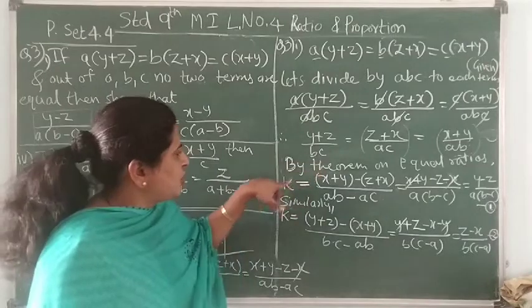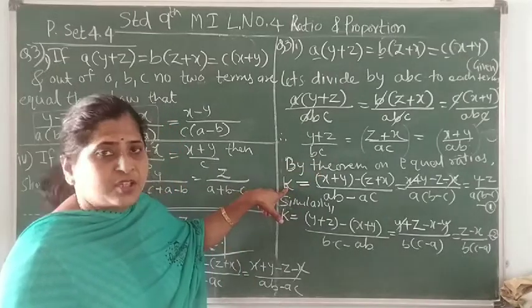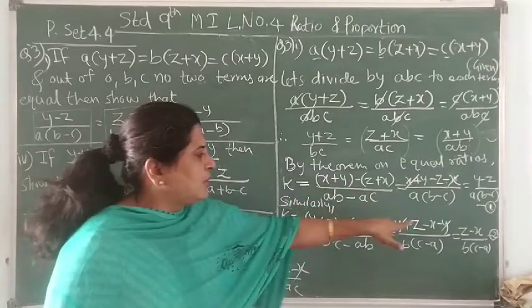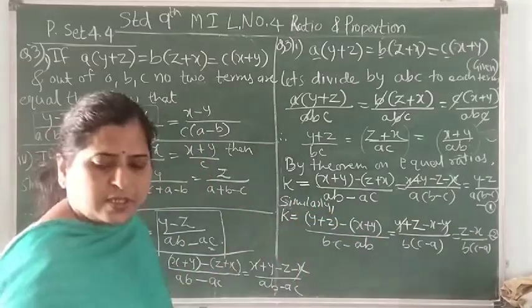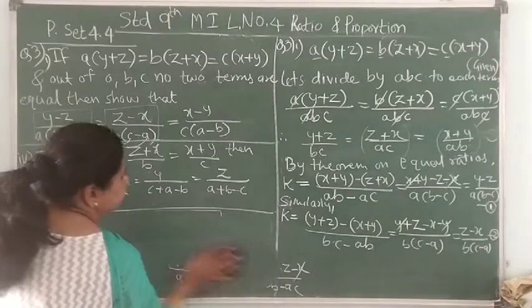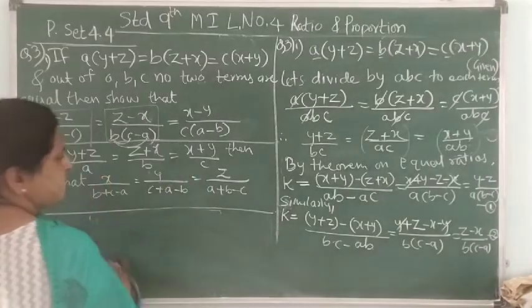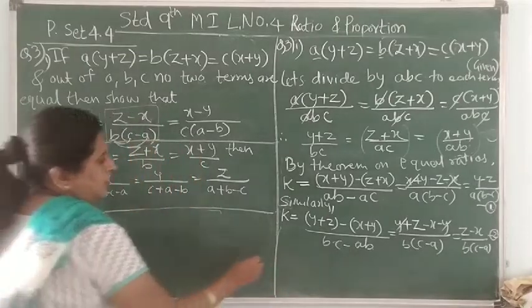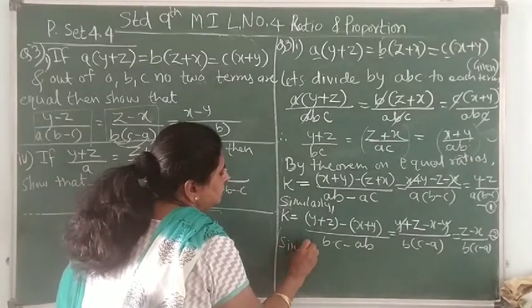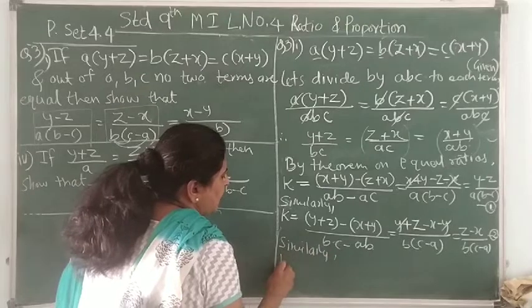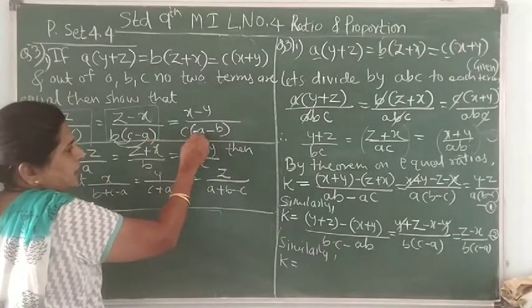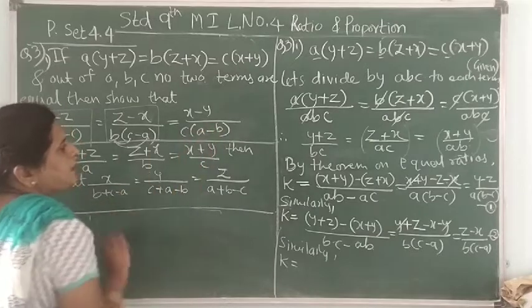So whatever ratios we have taken, whatever subtraction or addition we are doing, it's equal to k, its first ratio. This k is equal to the second ratio. And now let's take the third one here. Similarly, k is equal to, now in the third ratio we want CA, that is AC, minus CB, that is BC.